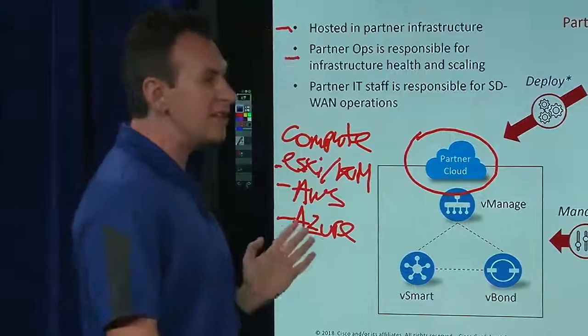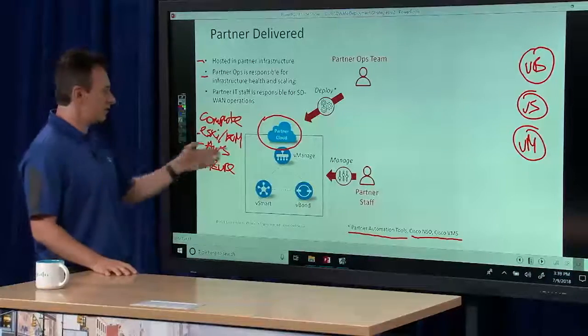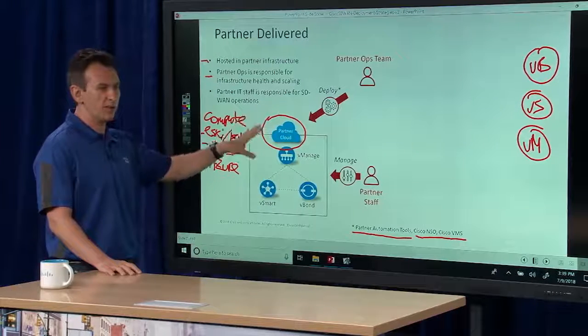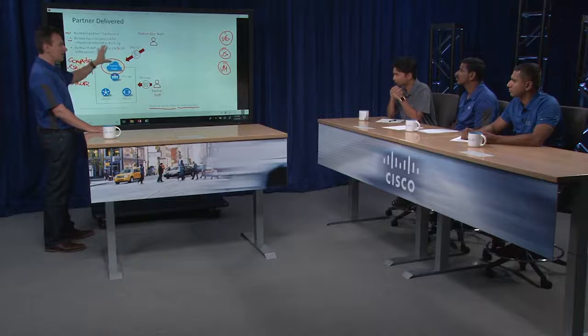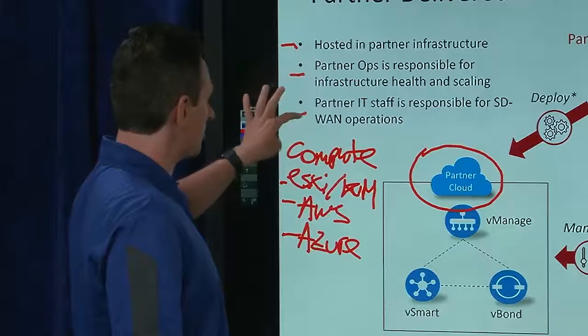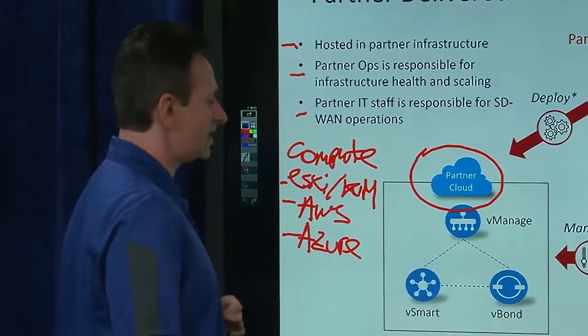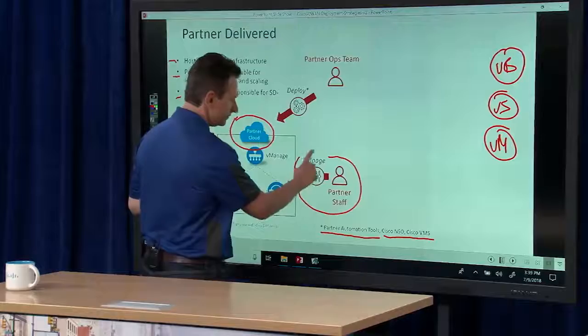Partner has the responsibility for the health and the scalability of this environment. Again, we took the responsibility on ourselves when we deployed this in our own public cloud. Now, the partner wants to deliver this as a value-added service. The responsibility is on them. And the partner staff is responsible for SD-WAN operations, which is really the management piece of it.